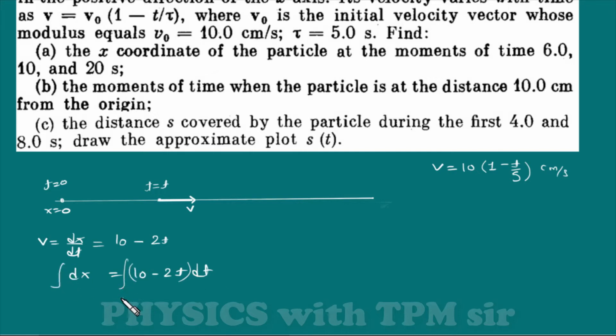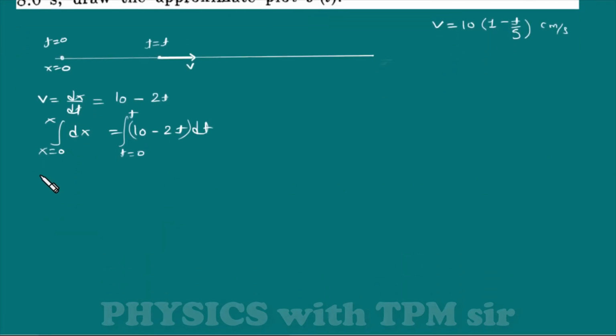and at t is equal to 0, the particle is at the origin, so x is equal to 0, and at t is equal to t we don't know, but let's solve for a general value of x. So at t is equal to t, suppose the particle is at x coordinate. If we solve this further, we will get x minus 0 is equal to 10t minus t square, integration from 0 to t.